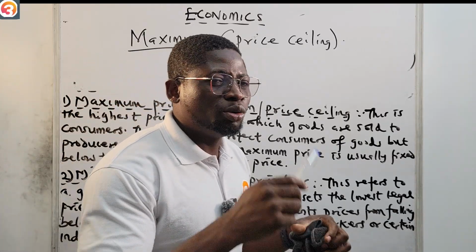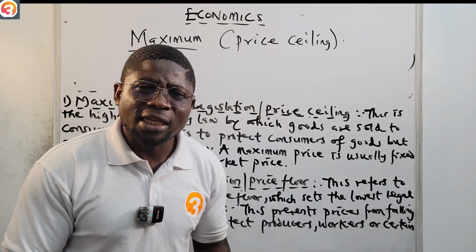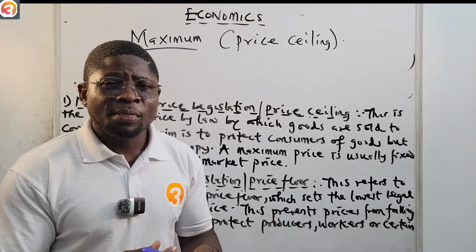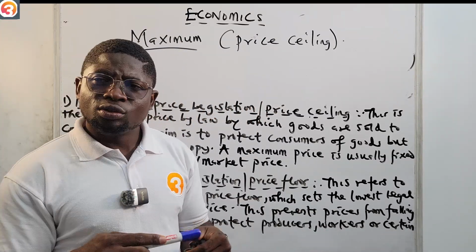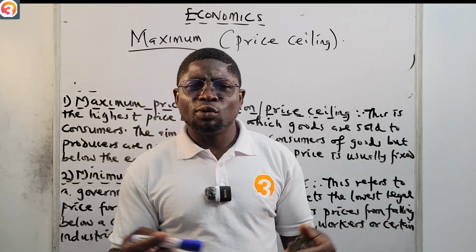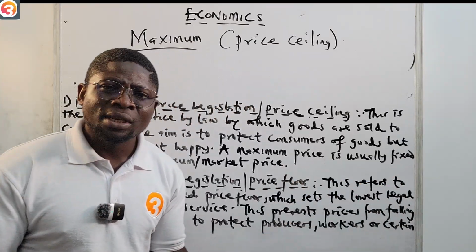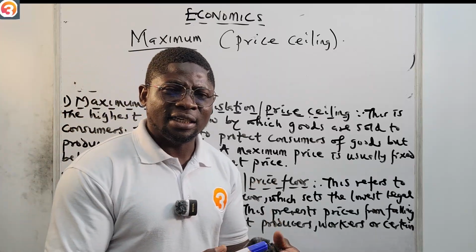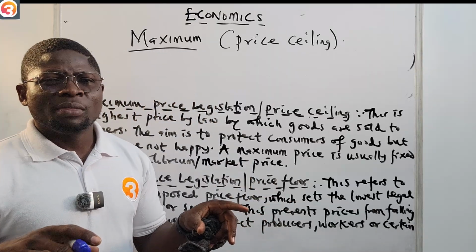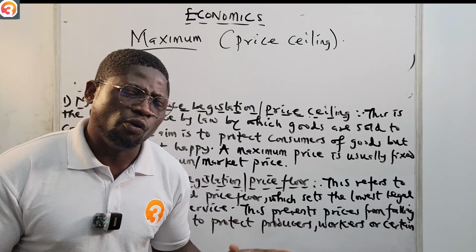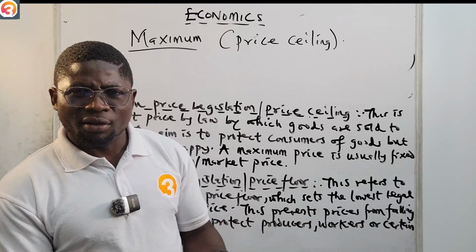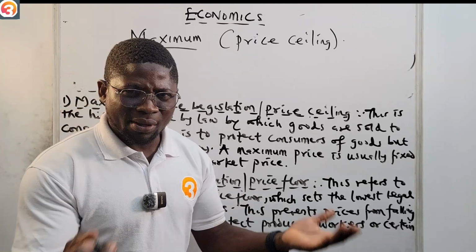No. But the consumers will be happy, because you were angry that you were purchasing a good or service at an exorbitant price, and then the government weighs in and fixes a price that you should not go above.